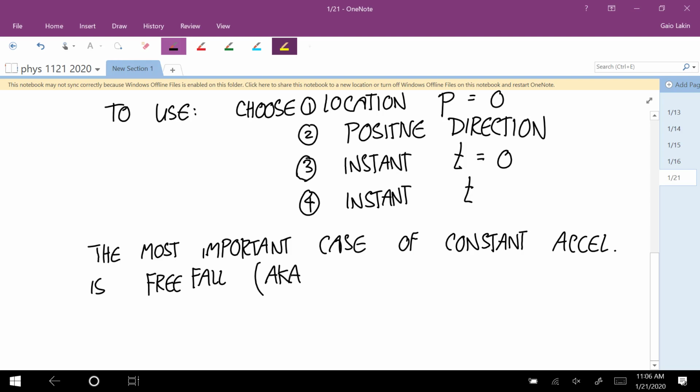And the way I'm gonna use that term is as a synonym of projectile motion. So maybe if you think of those differently, you think of a projectile motion in one dimension. Okay, so we're just talking about things going straight up and straight down. But in one dimension, you would think of projectile motion maybe as being something being shot up, and free fall as something being dropped down. I'm going to use both of those to mean either one of those.